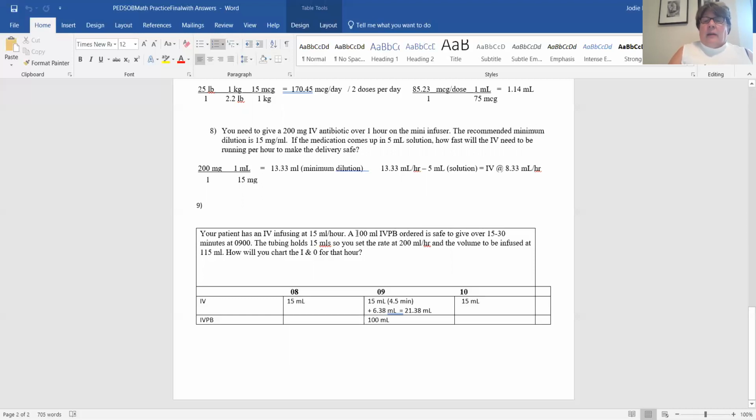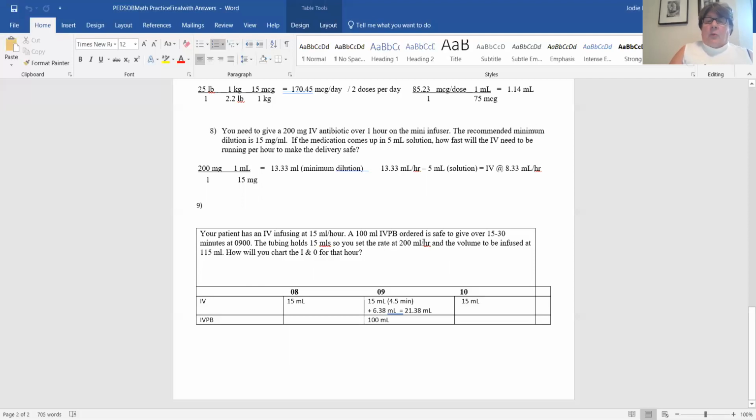and that indicates to you that the 100 mil piggyback is going to be given in 30 minutes as opposed to the 15, because you're setting your rate to 200 per hour, and the volume to be infused at 115. So your total volume infused will be 115.